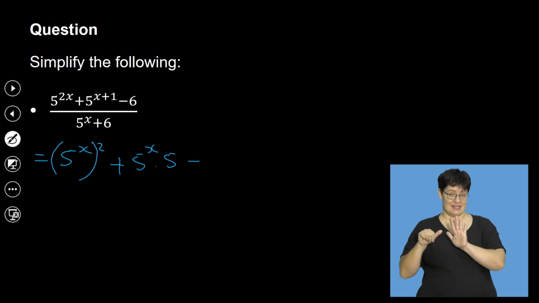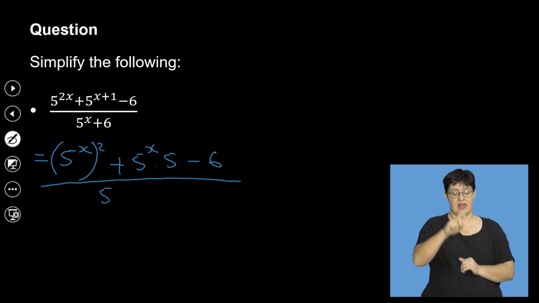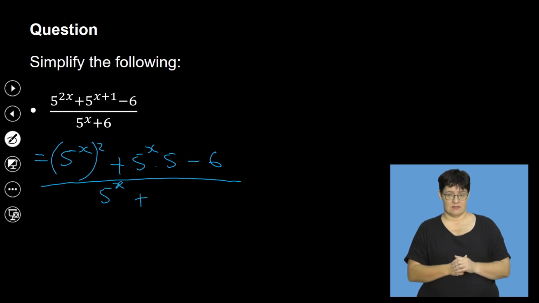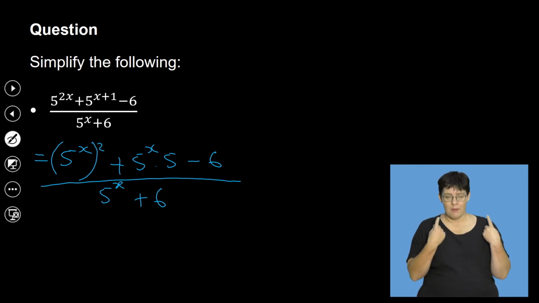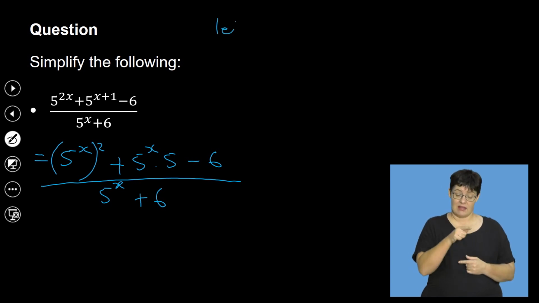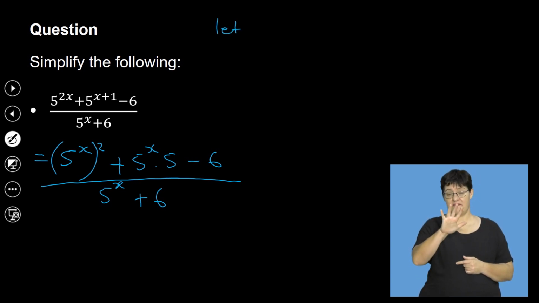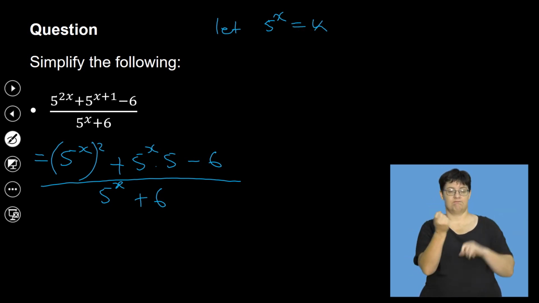And then minus the 6 there, all divided by 5 to the exponent of x plus 6, right? So you can see that, remember, I said, if you don't understand this, then introduce something that you can work with. So you can always just say, let the 5 to the exponent of x be what? K. And then you can then work it out.